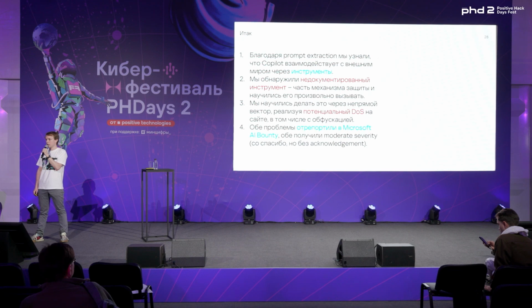As for severity class, they were given the moderate severity class. Unfortunately, neither bounty nor public recognition was given to us by Microsoft, but they said thank you in the chat to us later on. That's the story. So they promised to fix that.